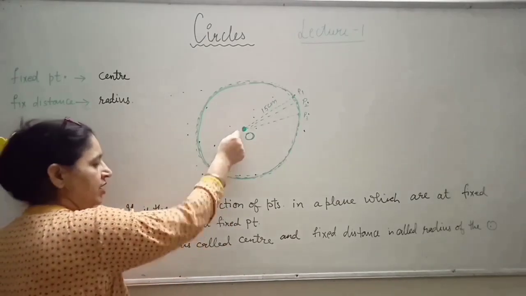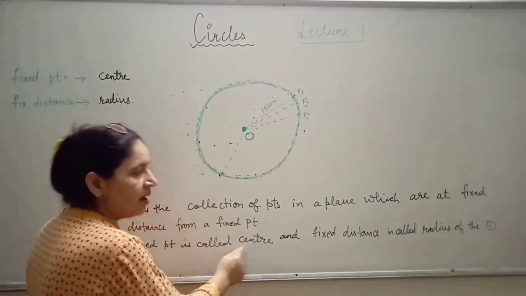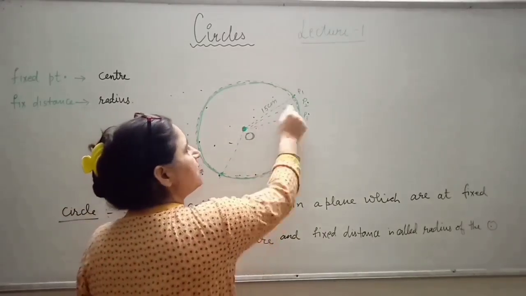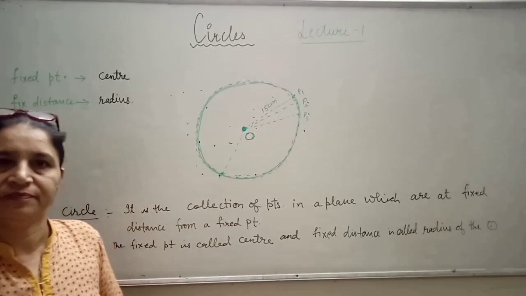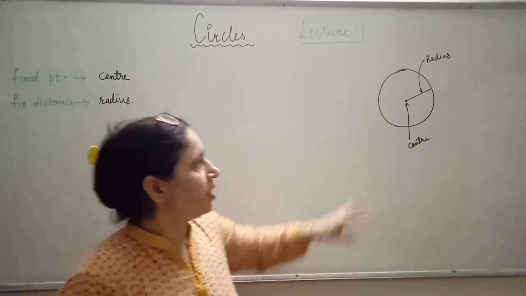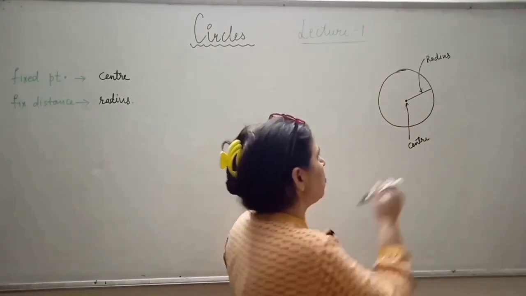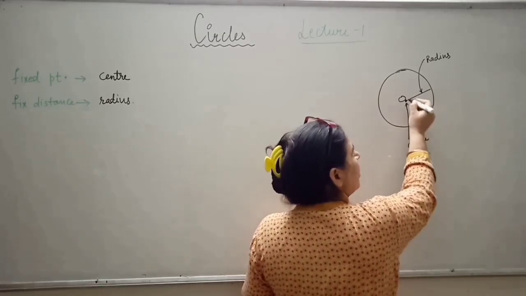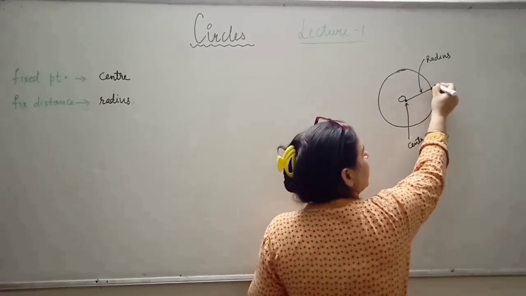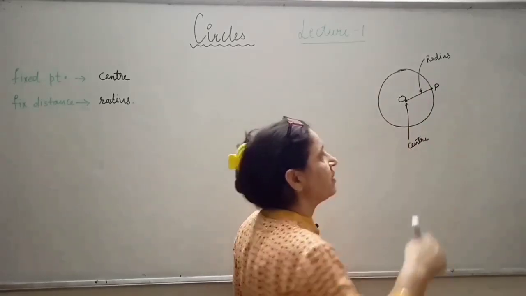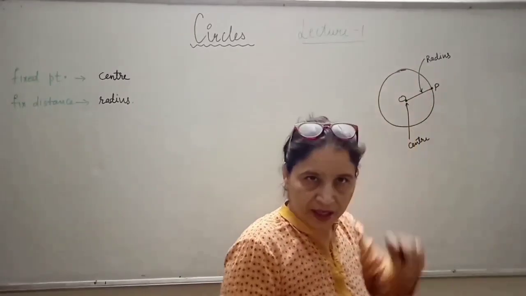So this fixed point is known as the center, and this fixed distance is known as the radius of the circle. So in a circle, this fixed point O is known as the center, and the line which joins the center and any point on the boundary of the circle is known as the radius.